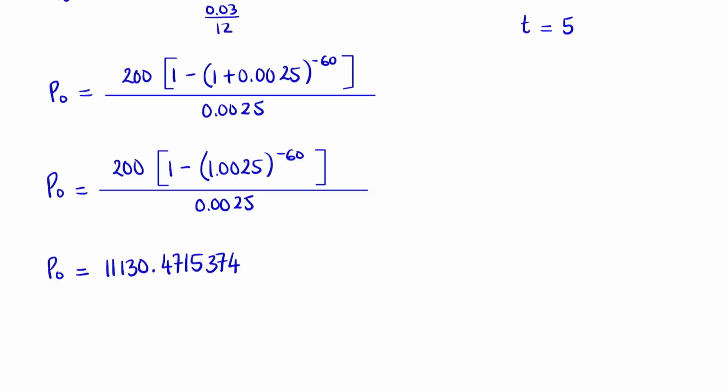My P of 0 is 11130.4715374. The question does not give me any rounding instruction, but I'm working with dollars, so I'm going to round it to 2 decimal places. This digit is 1, so I round down. So I get $11,130.47.